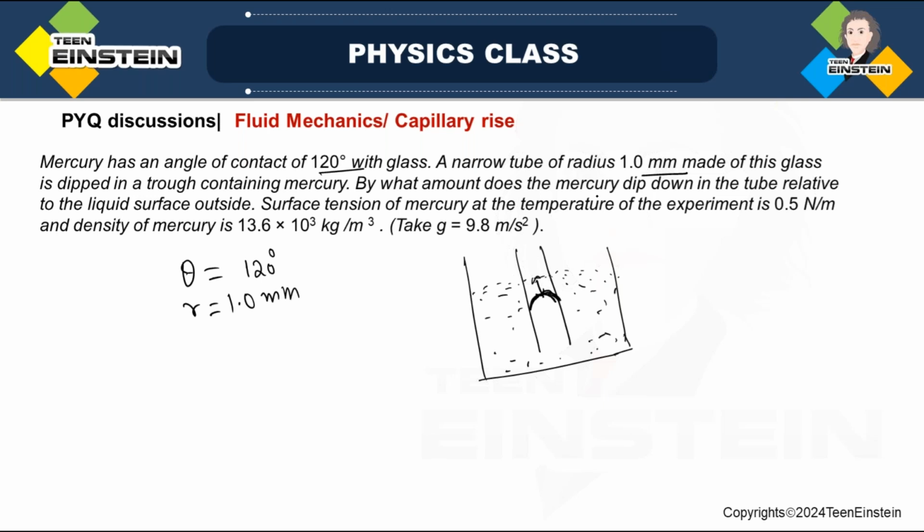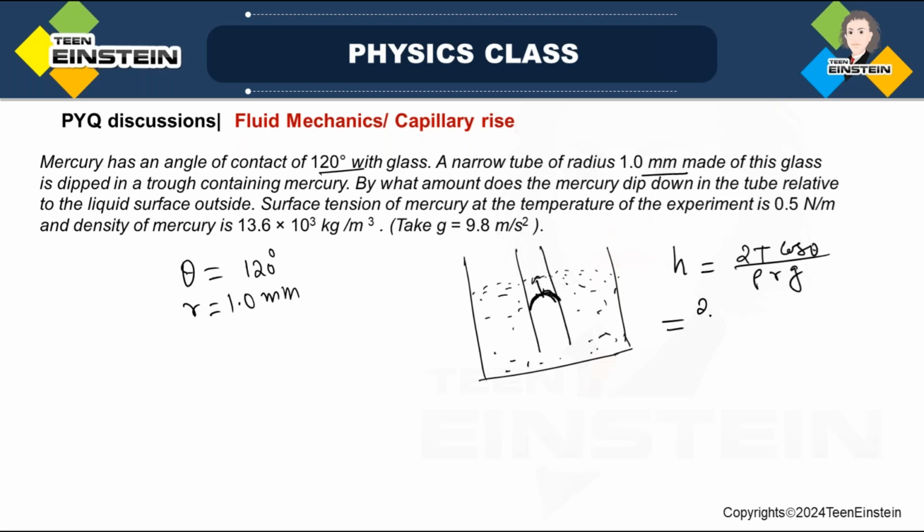This is also given by the same formula: h is equal to 2T cos theta by rho r g.